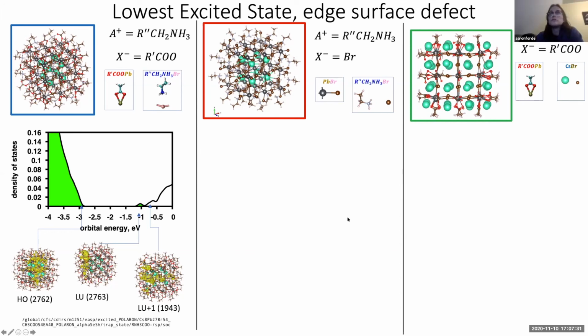I know it's more of a comment. I don't really know how to phrase it, but comparing the ground state models to the lowest excited states with the defects, at least for this one case, for the lowest excited state we see signs of trap state formation, whereas with the ground state configuration those look more healthy, no defects.